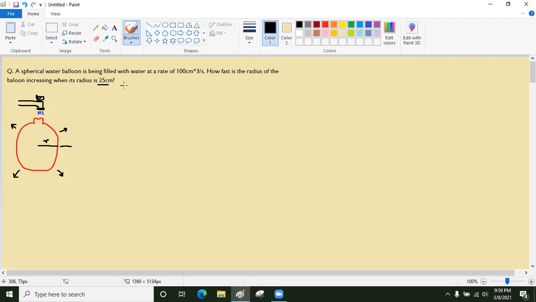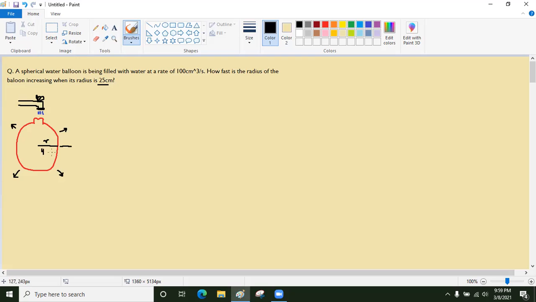So this last part here is especially important because we're given a scenario on the basis of the information that we have. The scenario is that the radius is going to increase, but we want to know how fast the radius is increasing at a particular point in time. So suppose, just hypothetically imagine a particular point.